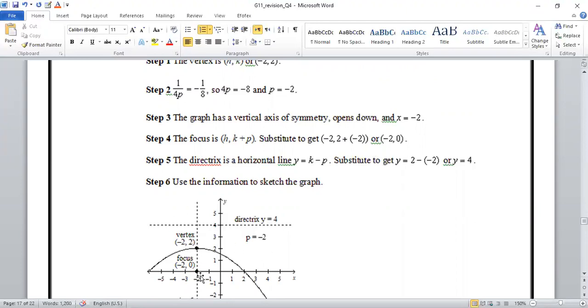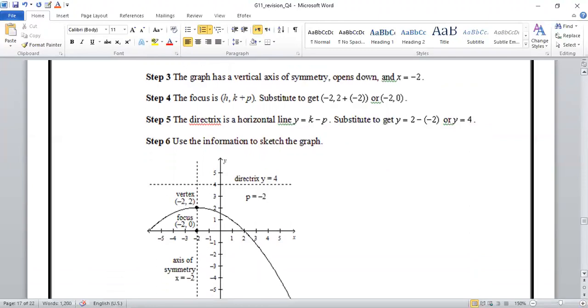The directrix is the horizontal line y equal k minus b. Substitute, we get y equal 2 minus -2, or y equal 4. Use the information to sketch the graph as shown in the figure. We draw the vertex (-2, 2), focus (-2, 0), directrix y equal 4, and the parabola opens down.